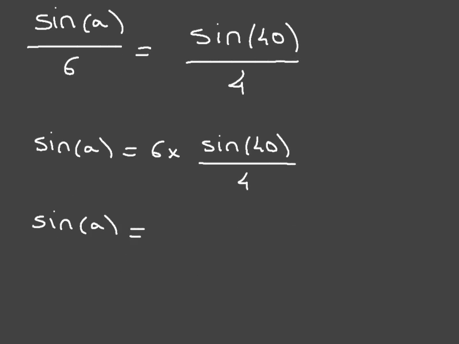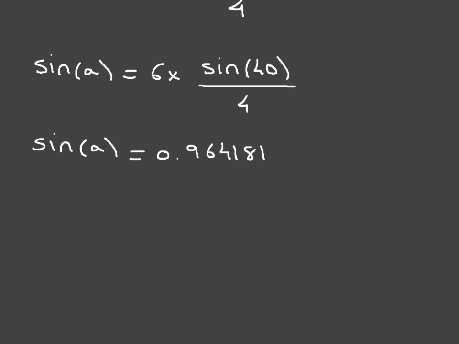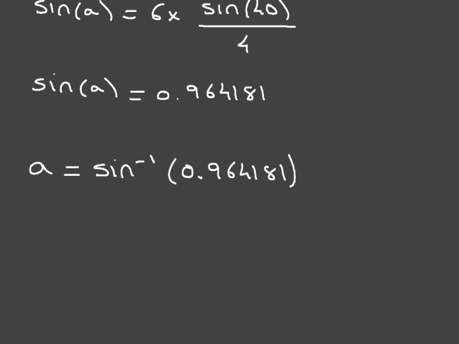If we calculate this, we'll find that sine of A is equal to 0.964181. Now, to actually find the angle A, we use the inverse sine function. We write A is equal to the inverse sine of 0.964181. Using our calculator again and rounding to one decimal place, we find that A is equal to 74.6 degrees.